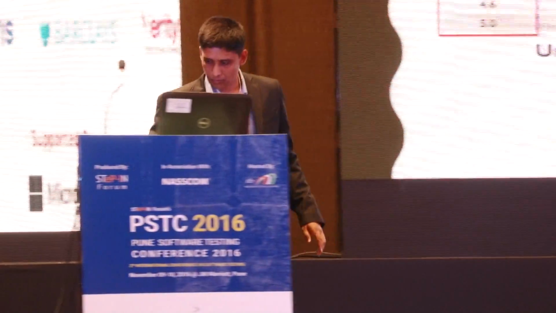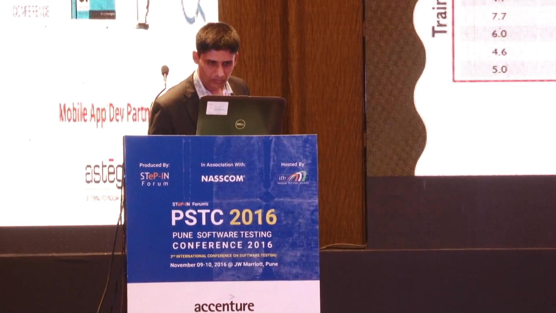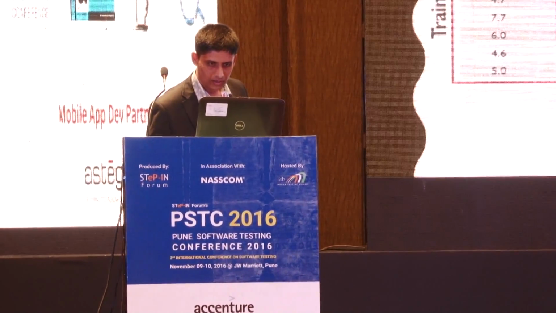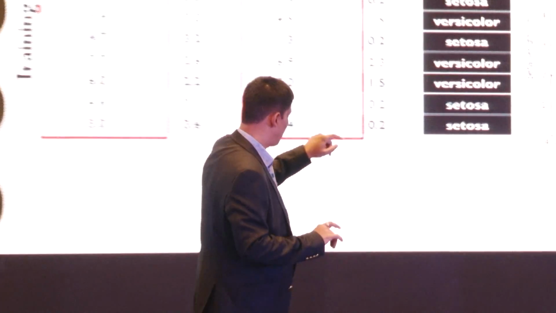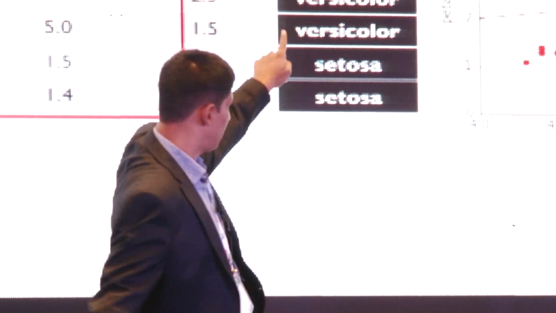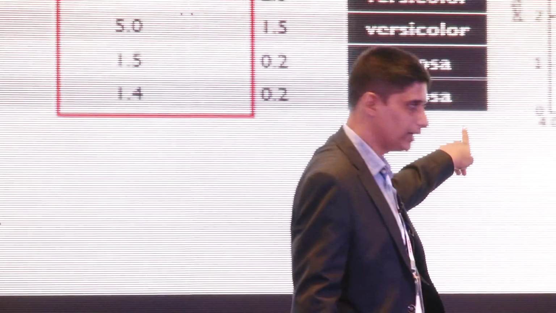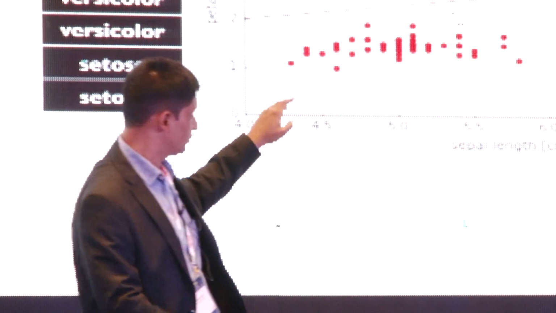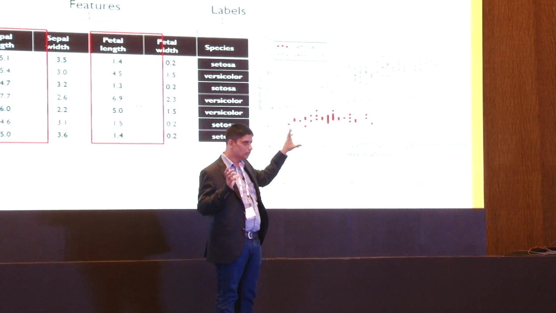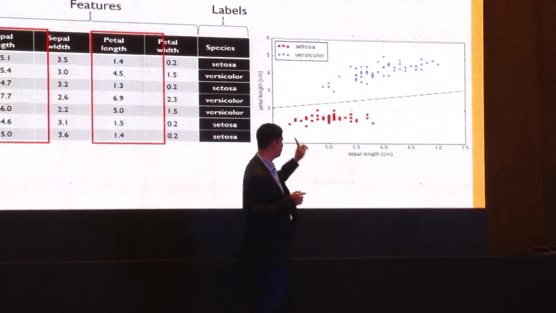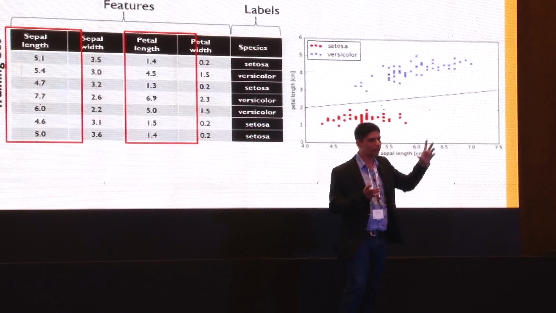I just want to go back to a previous slide. In the case of supervised learning or the classification part, when you have the labels available for your learning data, the classification algorithm, rather than grouping the data points together, actually forms a boundary between those data points.